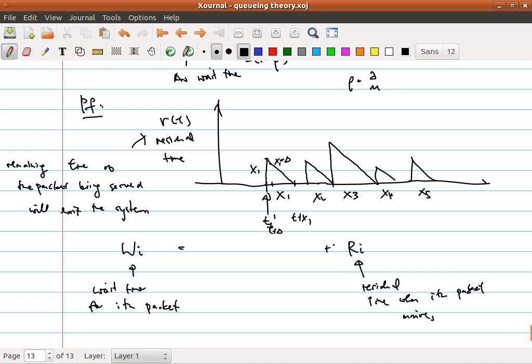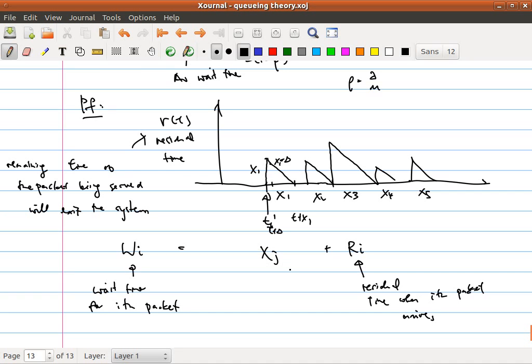Then we need to add the wait time for whatever is in front of the i-th packet, which is the sum of the service times of the packets in front of it.